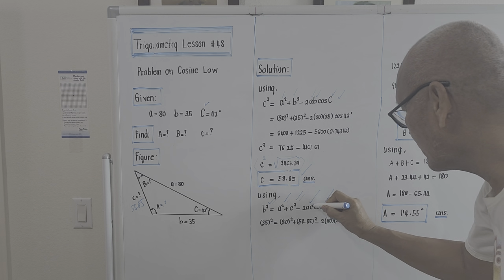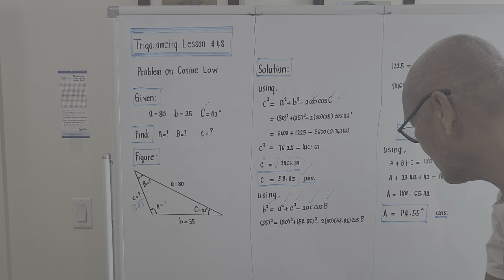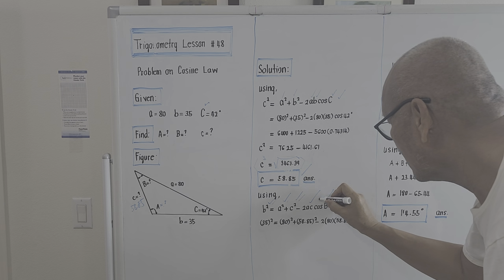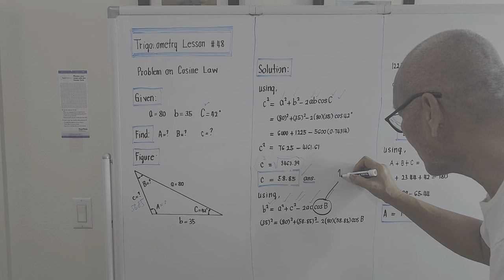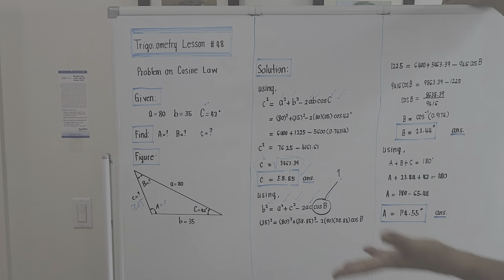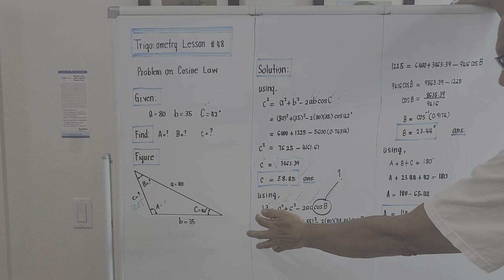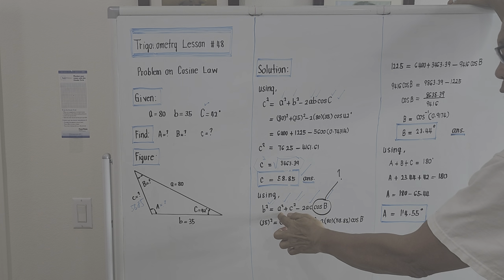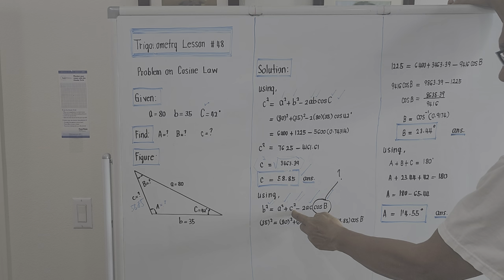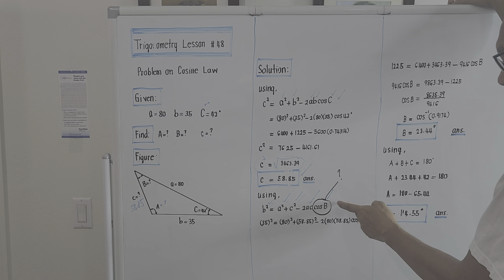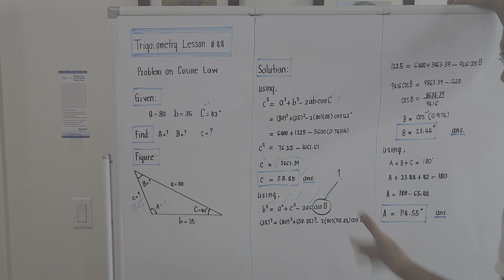The only unknown here is cosine of angle B. Could you visualize, guys? We are given B now. We are given A. We have computed for C. A is given, C is computed. So the only unknown is cosine of B. It's not yet B, it's the cosine of B.